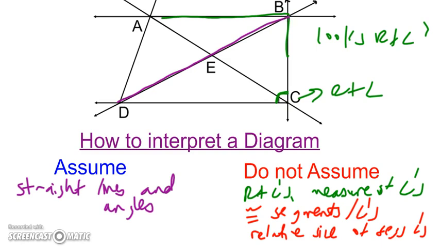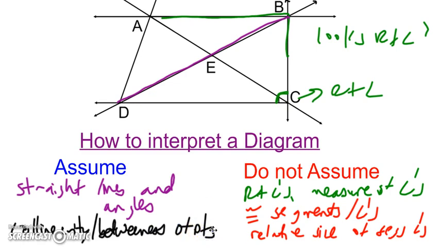I can also assume the collinearity and betweenness of points based off of our definitions before, whether or not they lie on the same line. As long as it fits those definitions, then we can assume the collinearity and betweenness of points. And the last thing that we can assume is the position of points. I can say that E is to the right of D.